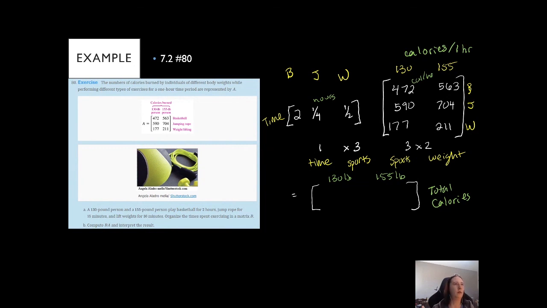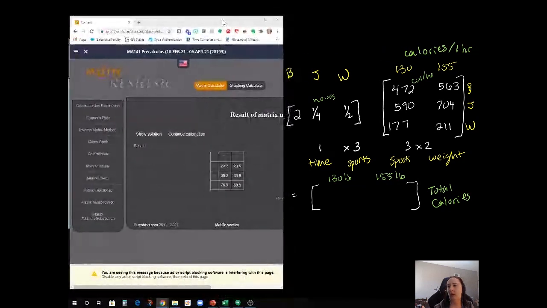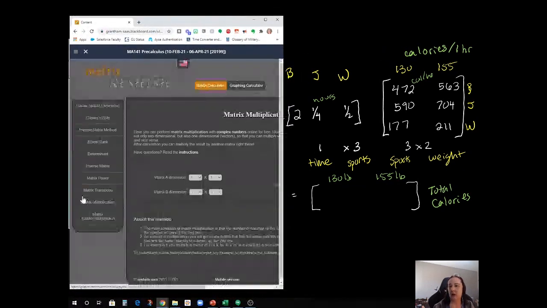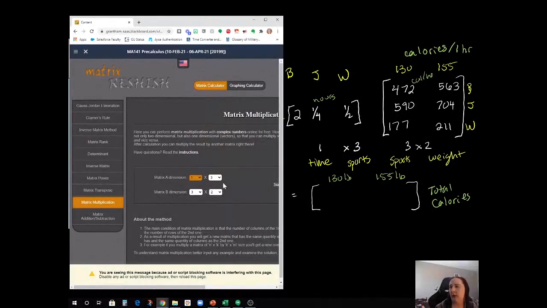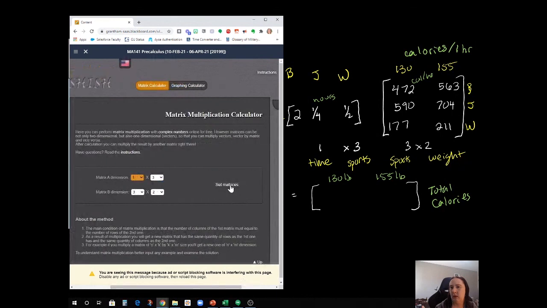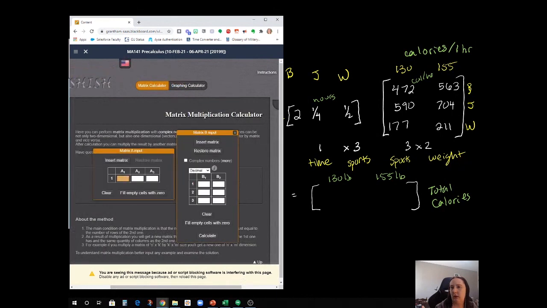So I'm going to pull over again our matrix calculator here, and just in the interest of time and space, use technology to do it. So this is going to be a 1 by 3, and then we've got a 3 by 2. Okay, so I don't remember if this allows fractions.